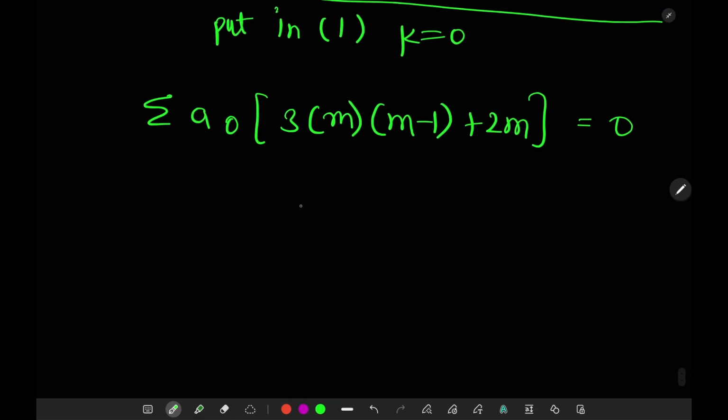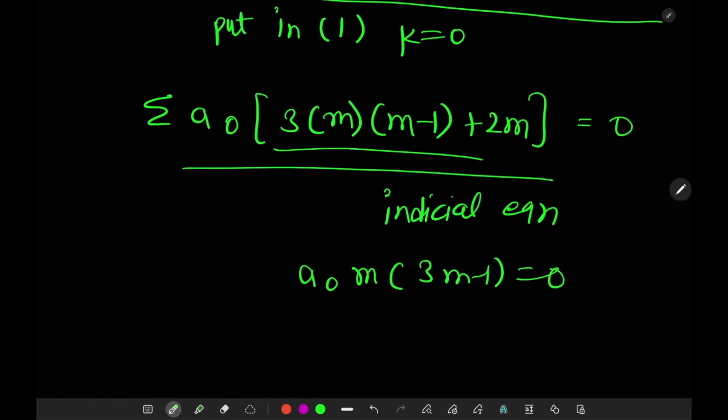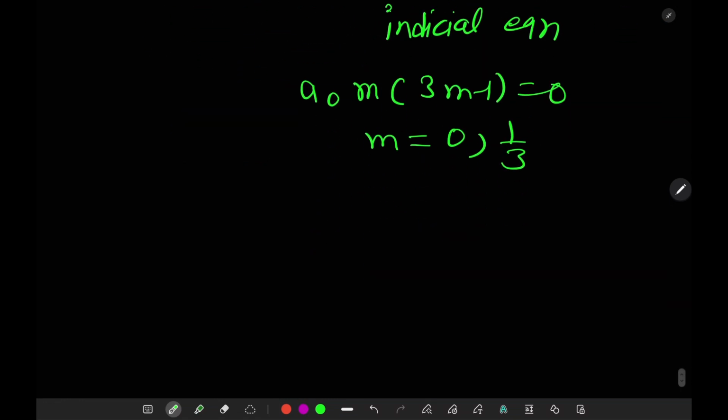Now this type of equation is called the initial equation. On solving this we get m is equal to 0 and 1 by 3. These are the roots of this equation.